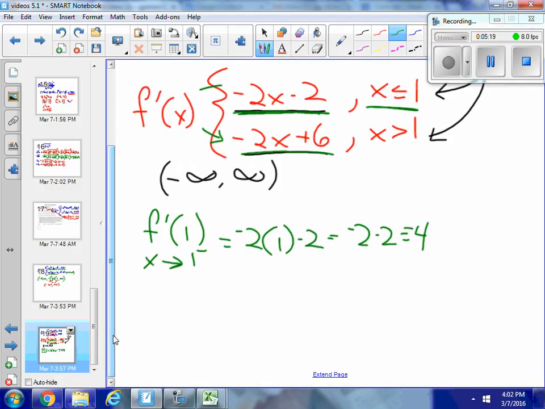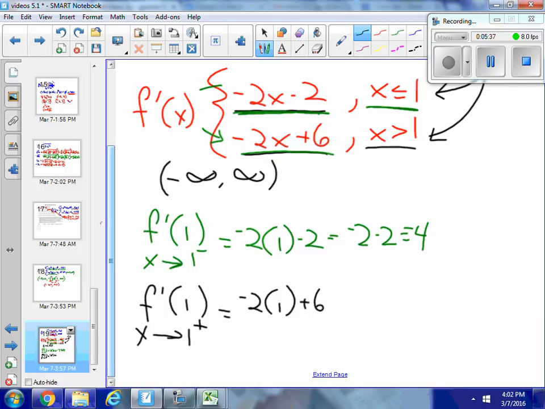What is the slope of the tangent line on the other piece? What is f prime of 1 as x approaches 1 from the positive side, where x is greater than 1 and I'm getting closer to 1 from the positive side? Well, I would have negative 2 times 1 plus 6, which equals positive 4.